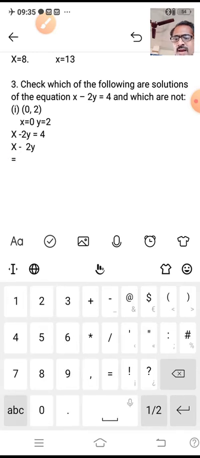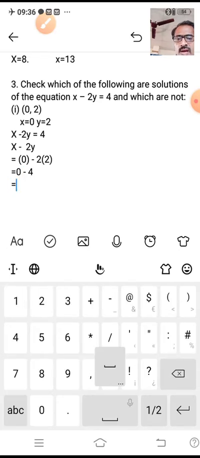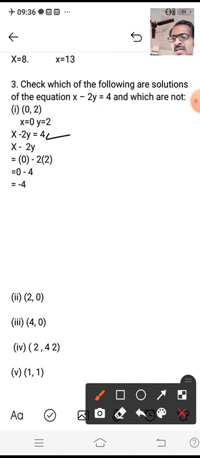We know very well value of x is 0 minus 2, value of y is 2. If I simplify this, then I will get 0 minus 4. Then we know very well that 0 minus 4 will be minus 4. So here we want right hand side plus 4, but we are getting right hand side minus 4. That means 0, 2 is not a solution of the given equation.